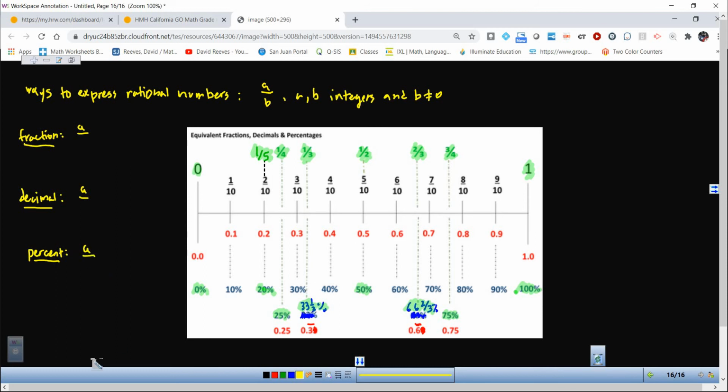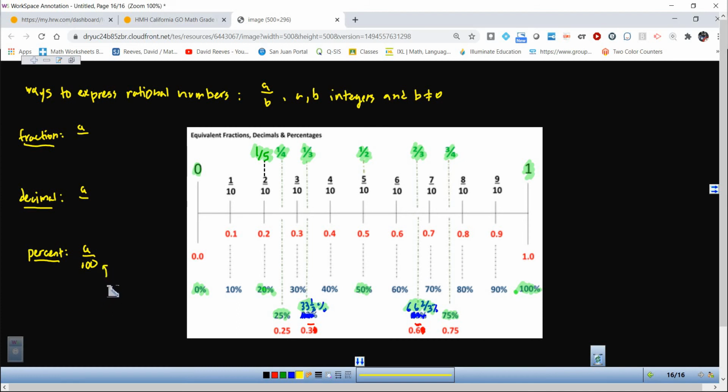Okay, let's work our way back up. So percent, I've asked you over and over again, and I'm sure you know the answer. The denominator is always what for a percent? The denominator is always 100, right? So our denominator here is going to be 100.